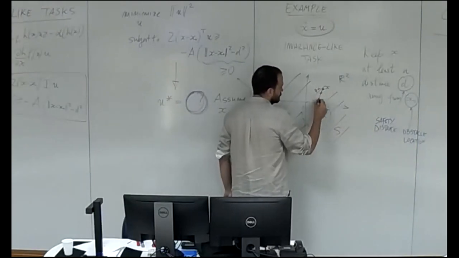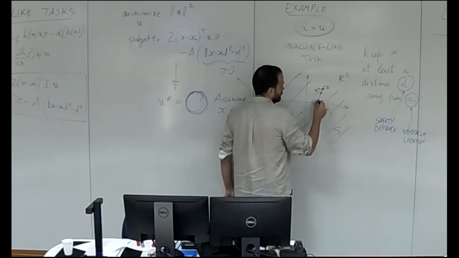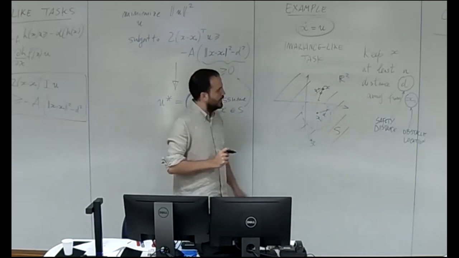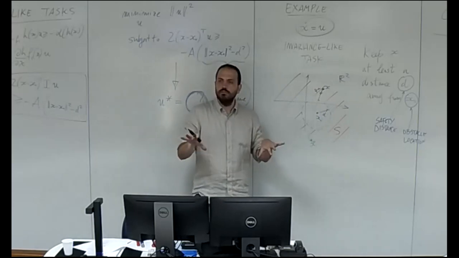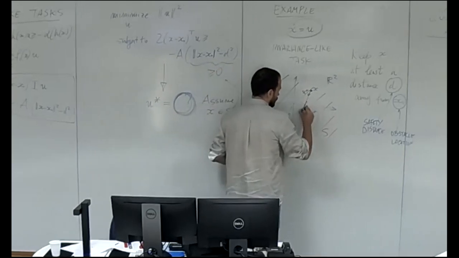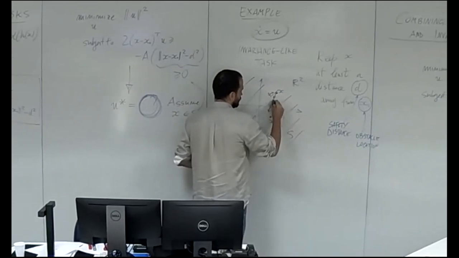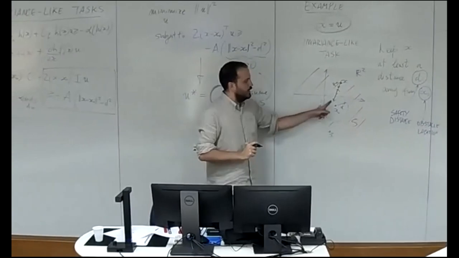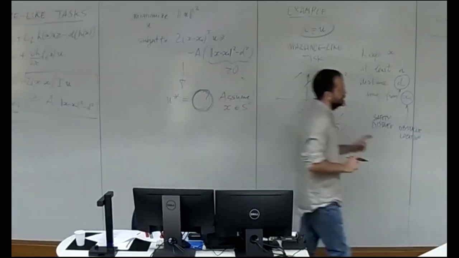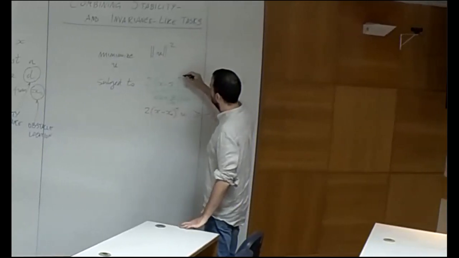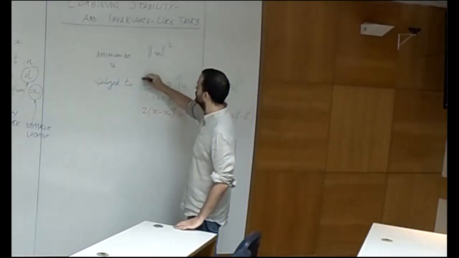At some point, when we get super close to the obstacle, we have two competing constraints. One is saying go this way, one is saying go this other way. And you can see it from these terms here.